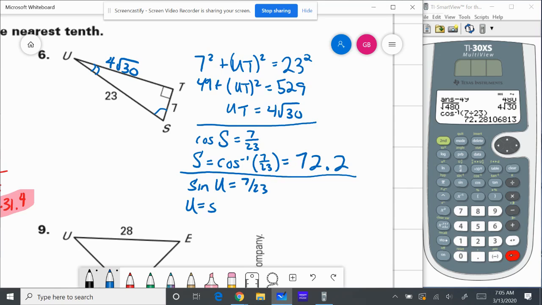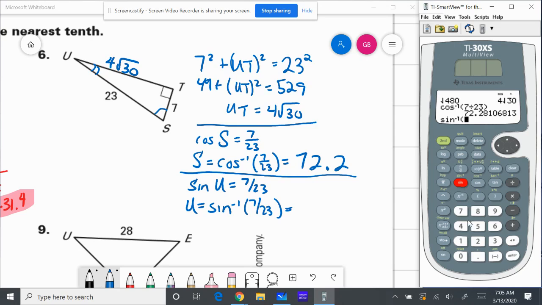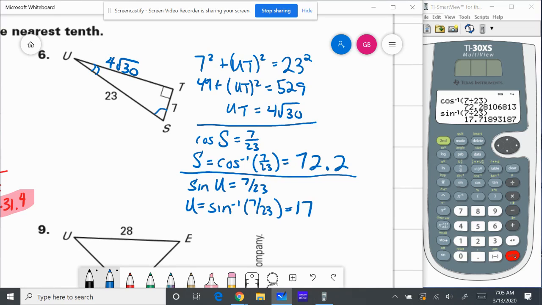So U is equal to the sine inverse of 7 over 23. Second sine, 7 divided by 23. And that's going to give you 17.7.